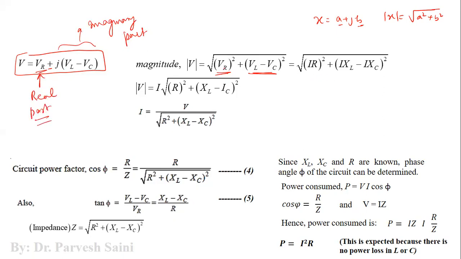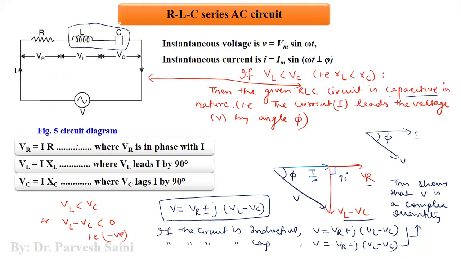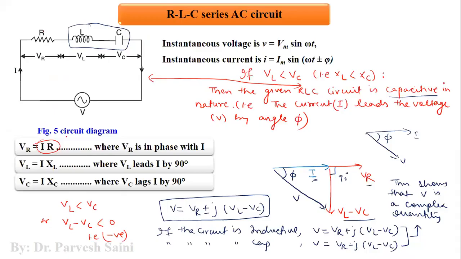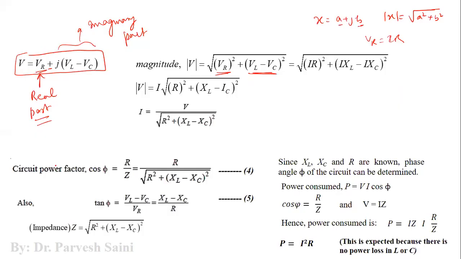Now, we know that VR is equal to I into R, as we can see in this slide also, and similarly VL is equal to I into XL and VC is I into XC. So by doing so, we have the square root of I squared R squared plus I squared (XL minus XC) squared.